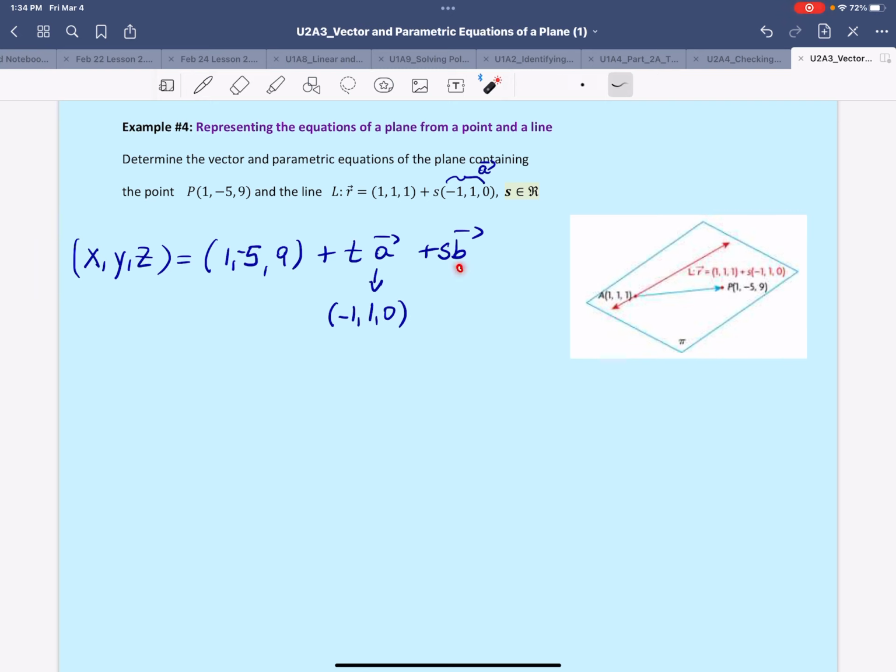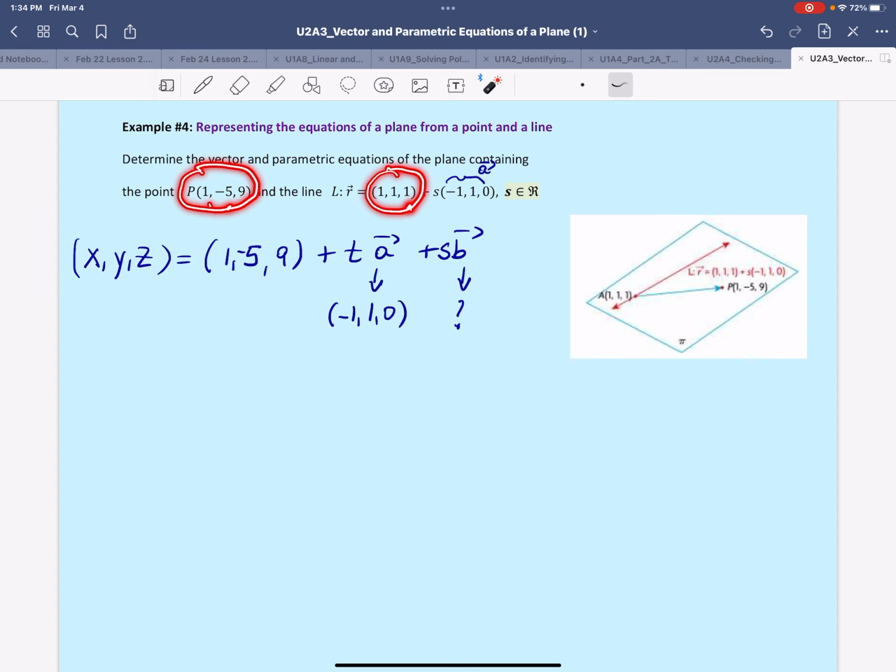Now we are going to need another direction vector because we are finding the equation of a plane. So that's unknown. Now remember that point (1, 1, 1) will be a point on the line which is located on the plane. So this will be a point on the plane. The point P is a point on the plane because that's given.